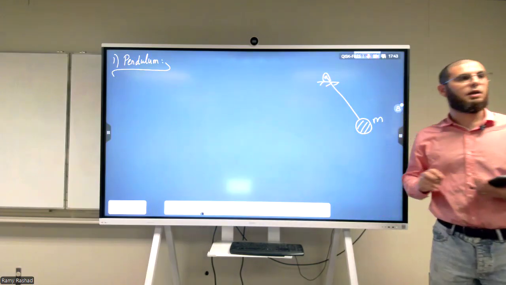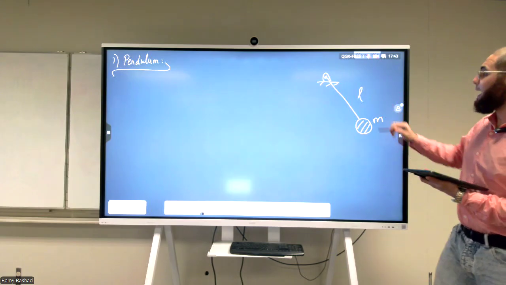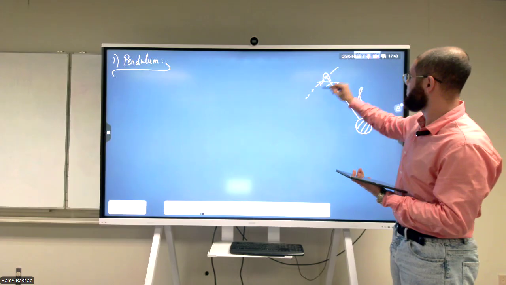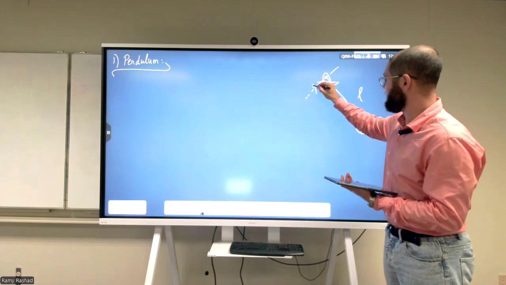This is a pendulum of mass M, length L, and this is the screw axis around which it's rotating. So let's assume something like this.